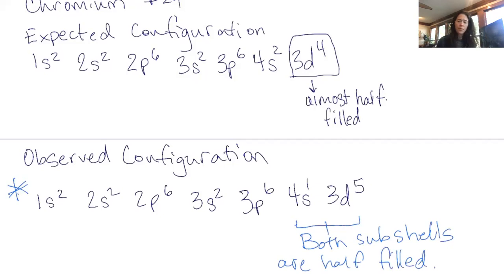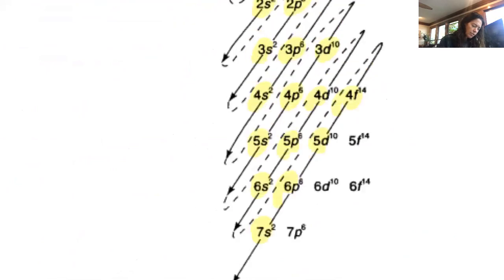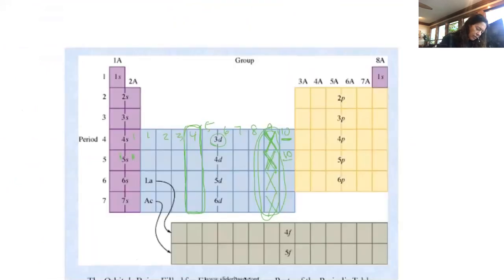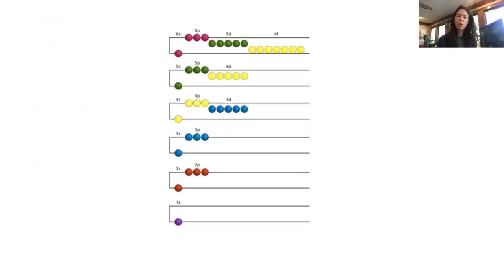And that is going to be the case for every element that lives in this group on the periodic table. They're going to have an exception. So we've said these will have the exception and these will also have the exception. So we've talked about how we can use the Aufbau sequence to determine which orbitals have lower or higher energies.